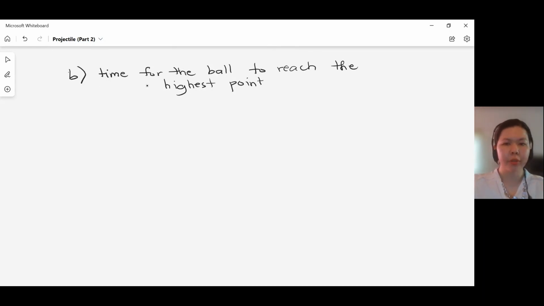At the highest point, we have V final along the y equal to 0.